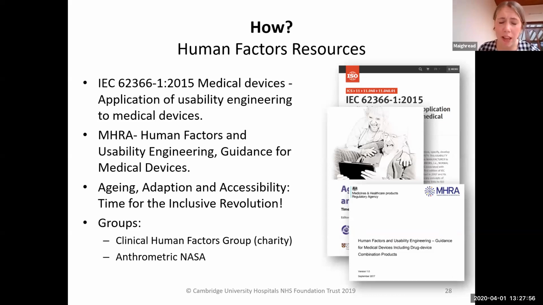Okay, so if you want to do some human factors work within your own design and development projects, how would you do that? There are good resources available that can help you through that process. I've just listed some here. There is the standard, which I previously mentioned. The MHRA has a really good document on it, which I'm going to talk about further in the next slides.